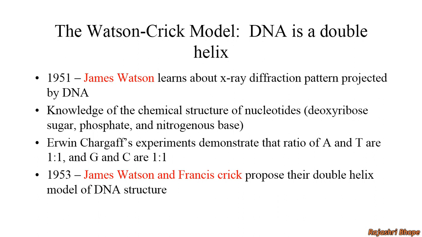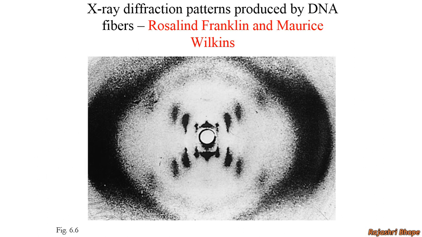That is, A plus T is equal to G plus C. In 1953, Watson and Crick proposed their double helical structure of DNA. Rosalind Franklin and Maurice Wilkins produced X-ray diffraction patterns from DNA fibers.